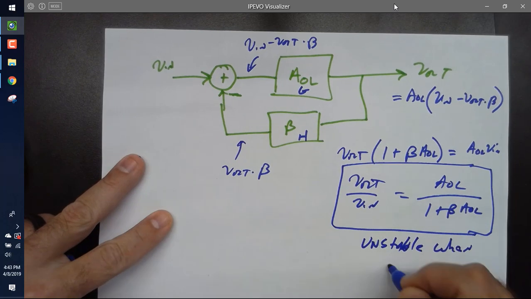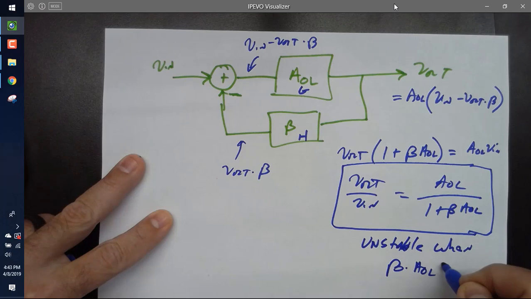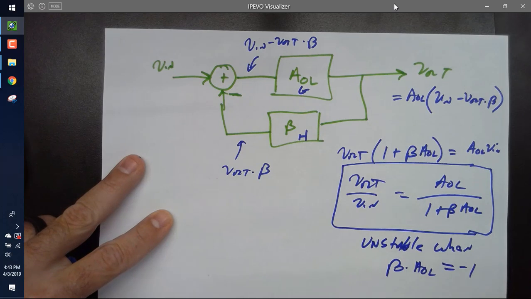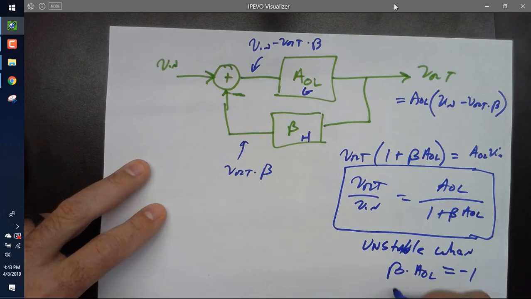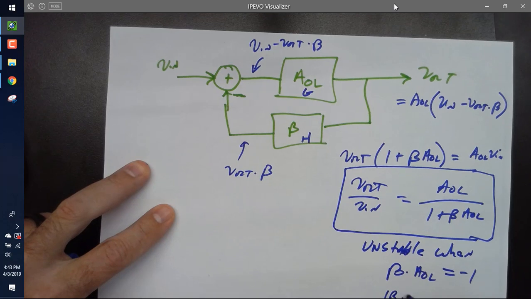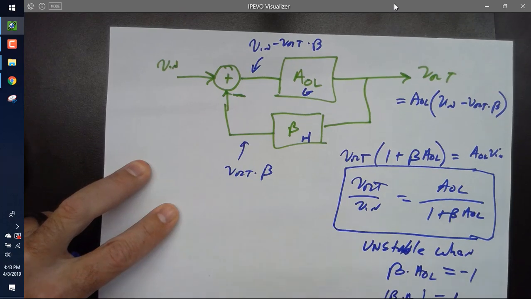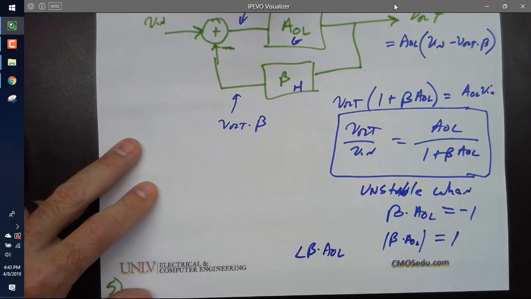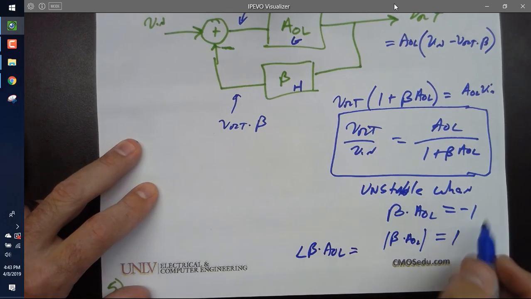Okay, so when we're unstable, when beta times AOL is equal to minus 1, what is the magnitude of beta times AOL then? 1. What is the phase shift of beta times AOL?